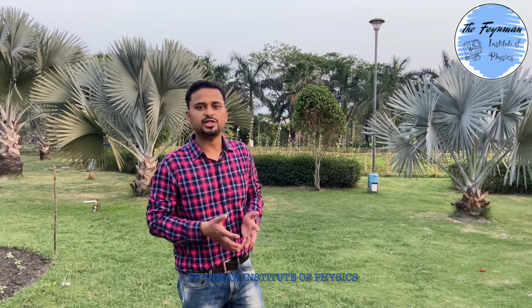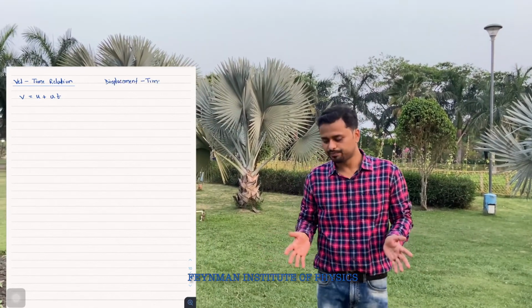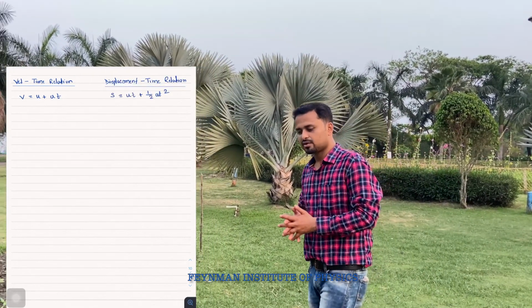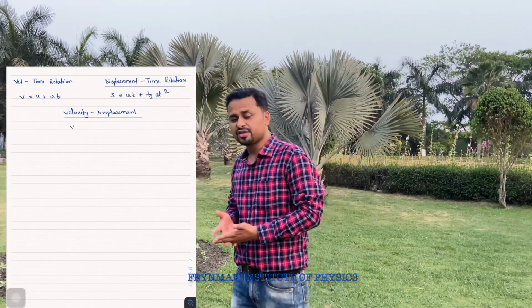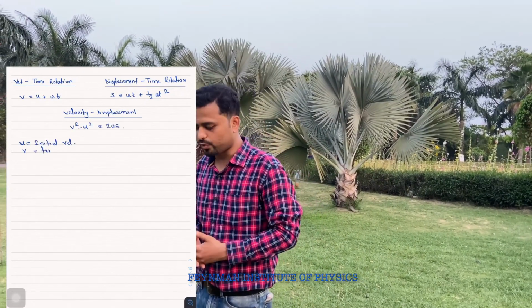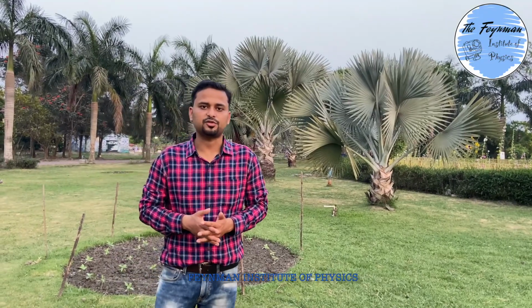Instead, we use three different relations. The first one is the velocity-time relation, V is equal to u plus at. The second is the displacement-time relation, S is equal to ut plus half at square. The third is the velocity-displacement relation, V square is equal to u square plus 2as.